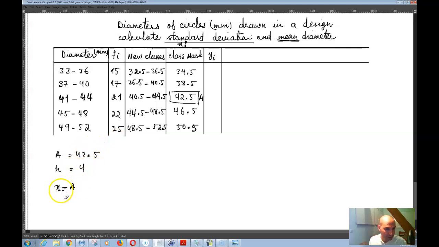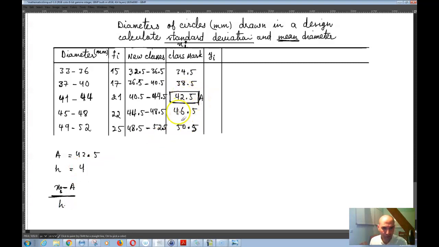So I take my x of i and subtract from that the assumed mean of my x of i's, meaning that I am assuming that the mean of these observations is 42.5. Then whatever that gives me, I divide it by the class size h.